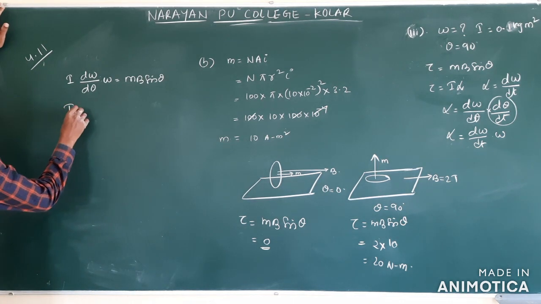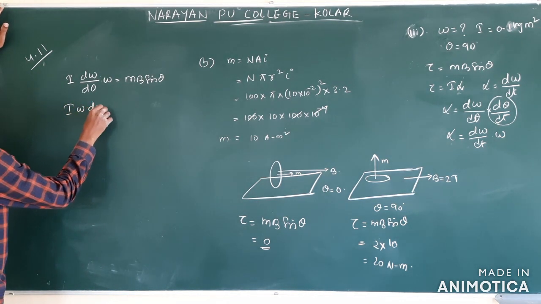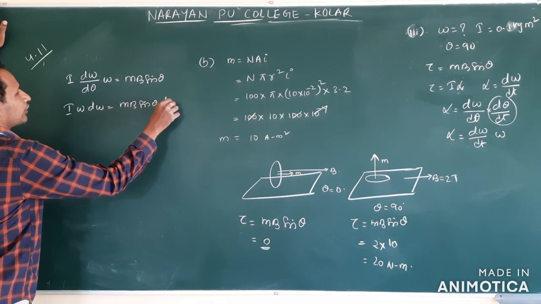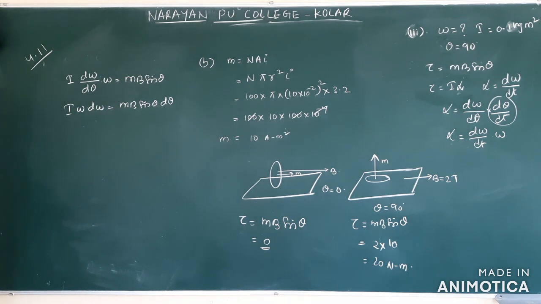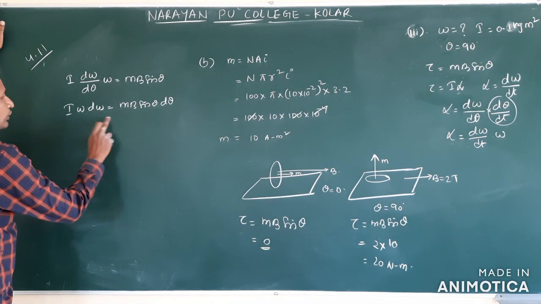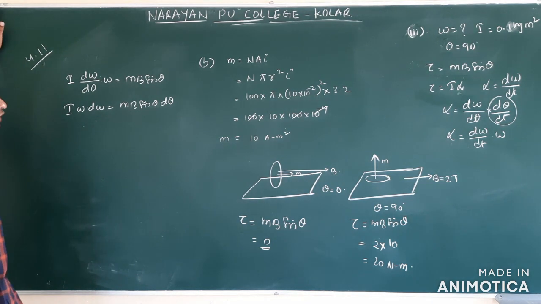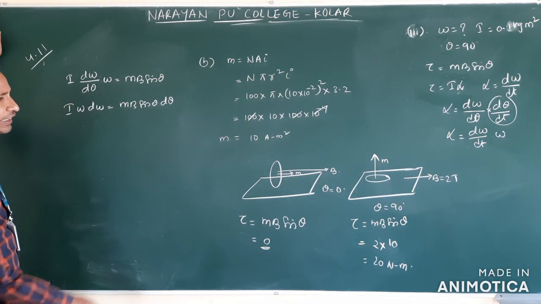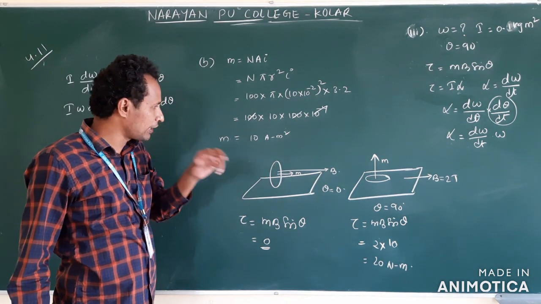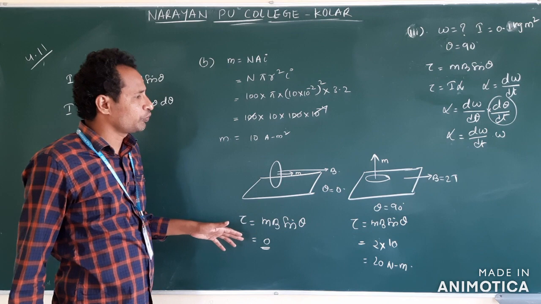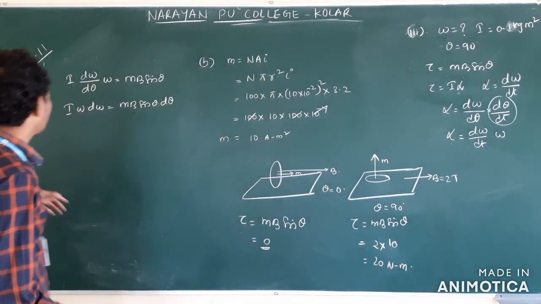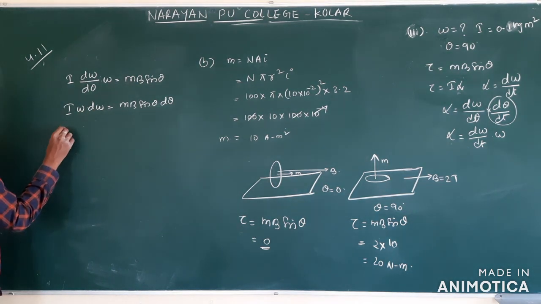So I write I omega d omega equals mB sin theta d theta. They are asking omega, so we need to integrate. What is the angular rotation? To 90. Initially there is no angular velocity when theta is 0. What would be the angular velocity when theta is equal to 90?